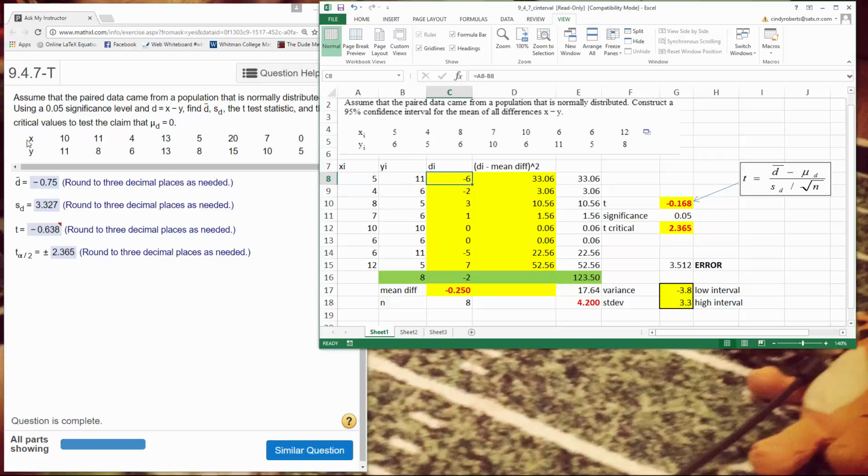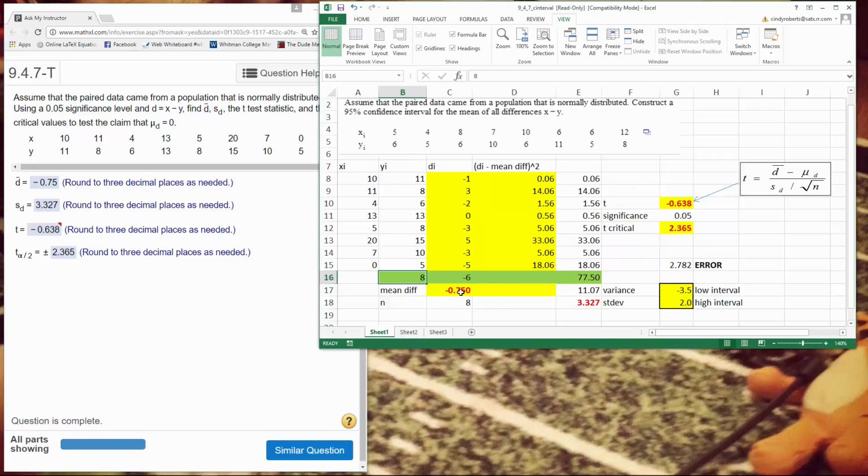Watch what happens. I'm going to change my x values and my y values. So my x values are 10. See the numbers changing? 4, 13, 5, 20, 7, 0. Now I'm going to change my y values: 11, 8, 6, 13, 8, 15, 10, 5.